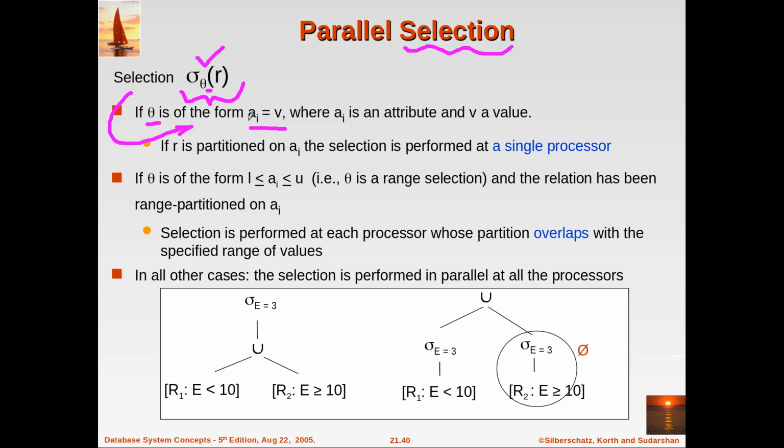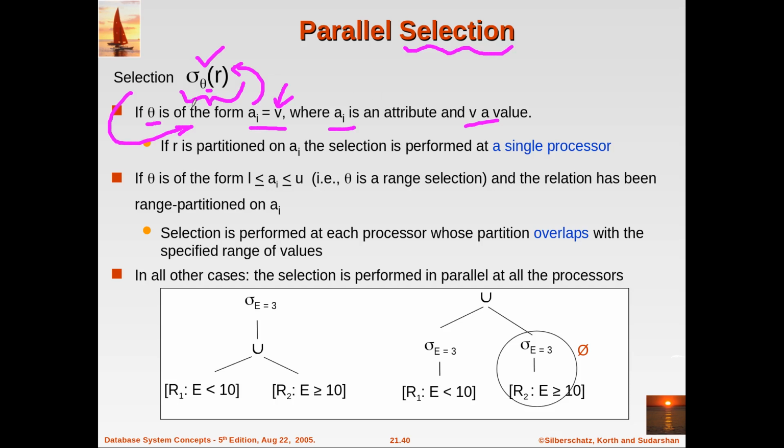Ai is an attribute present in the relation R, and if its value is V, a given value V, we need to retrieve all the tuples with this given value V for the attribute. Here A is an attribute and V is a value, which we have already seen.